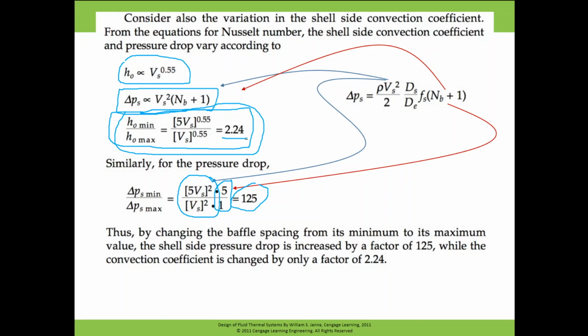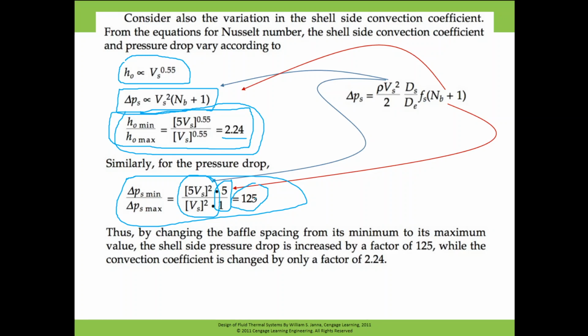What happens to the pressure? The pressure drop is increased by 125 times. So it's a big jump in the pressure when you change the baffle spacing. The heat transfer coefficient is only increased by 2.24 times, whereas the pressure drop is increased by 125 times.